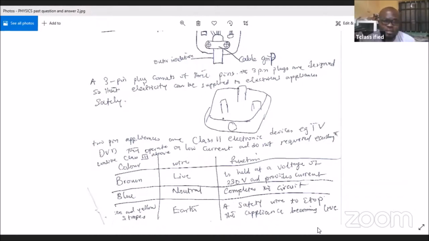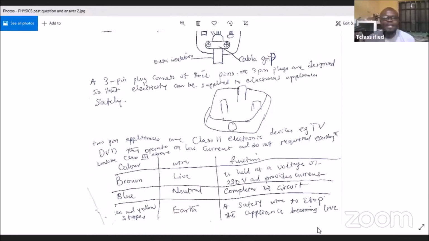The 2-pin ones are also known as class 2 electronics, and 3 pins are known as class 3. You see that they mostly have only 2 pins. Why? Because they do not have the earth, because the voltages going into them are very small. That's why they can manage with just the 2, the live and the neutral.